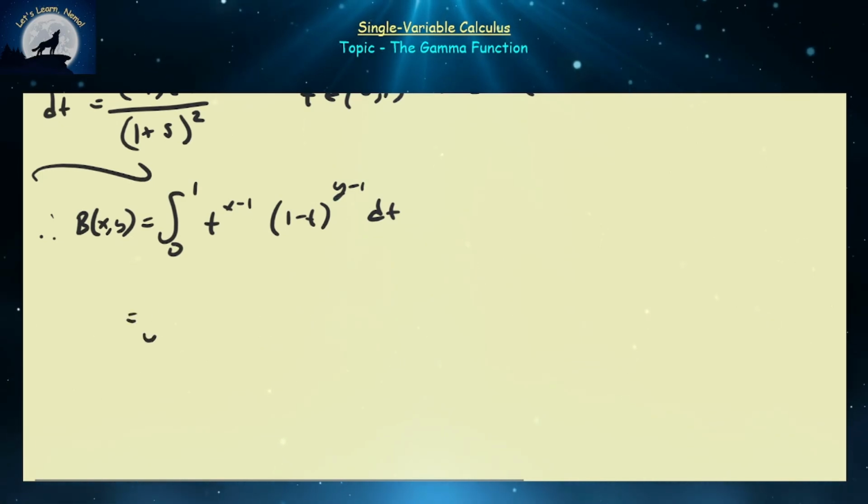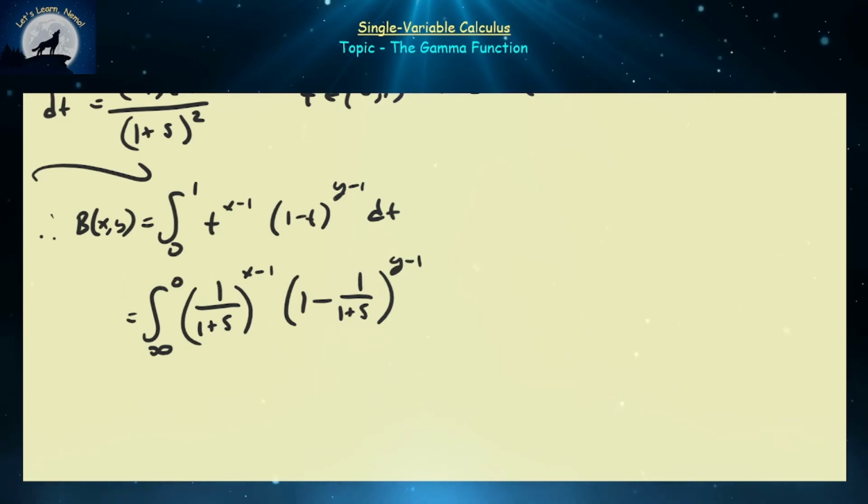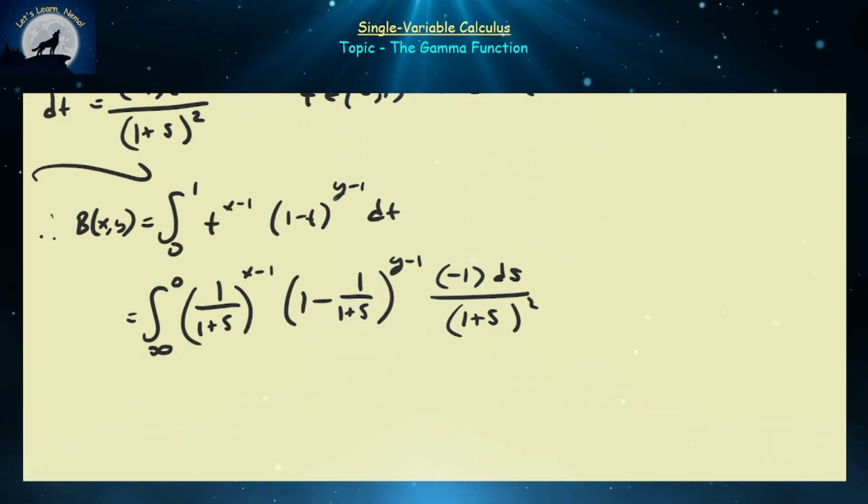So our new boundaries are going to turn into infinity to 0, in that order. t is 1 over 1 plus s, and that's to the power of x minus 1. And then for 1 minus t, that's going to be equal to 1 minus that, to the y minus 1. And then we're going to have our minus 1 differential of s all over 1 plus s, the quantity squared.